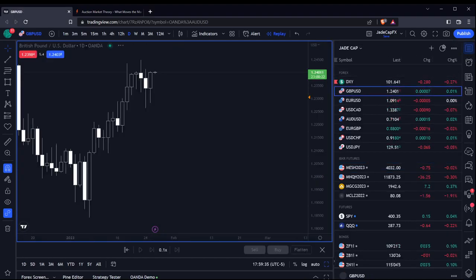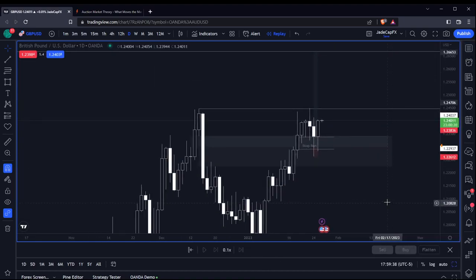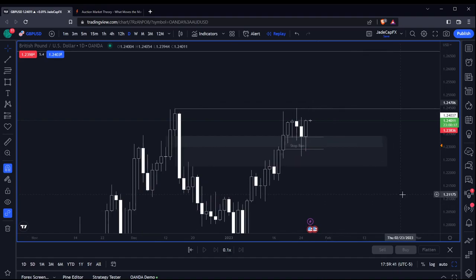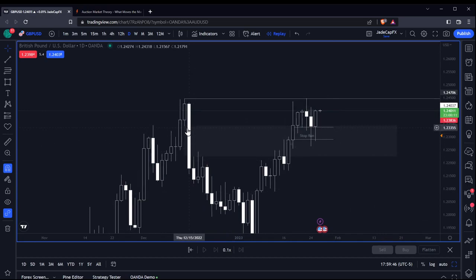Now I'm going to flip over into the cable and give you guys the rundown on what I was looking for on the daily chart. So we have this sell side imbalance. We've traded above it, and we've engineered liquidity above the highs. So when the market first traded up there, let's say Chad was back here, and let's say he's got a short bias on the market.